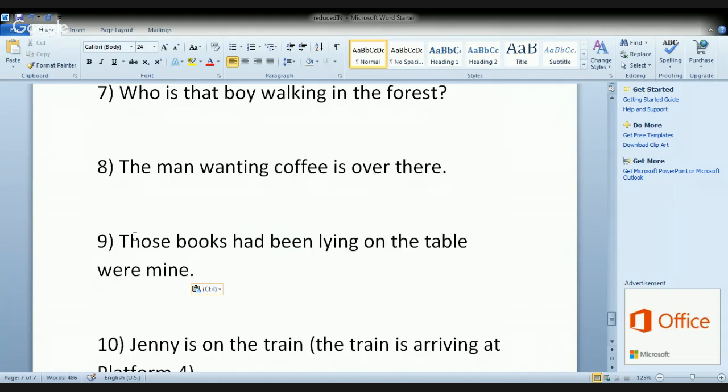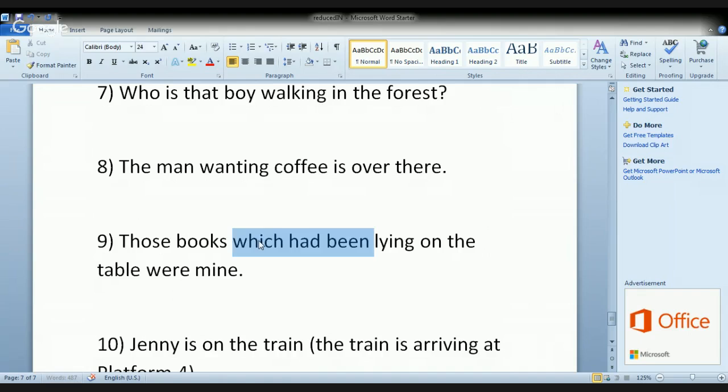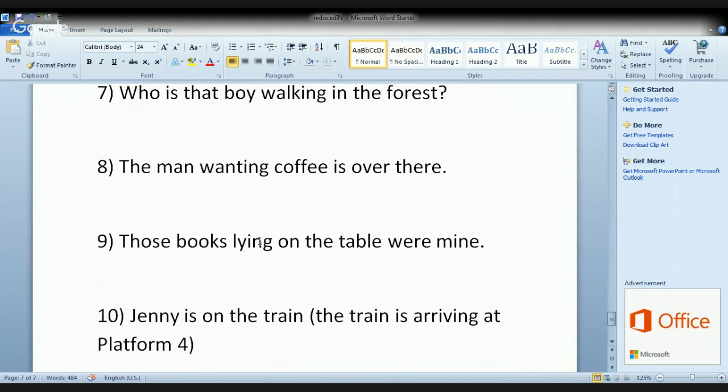So those books which or had been lying on the table were mine. Those books lying. We're taking out the verb to be in this. We're doing this. Those books lying on the table were mine.